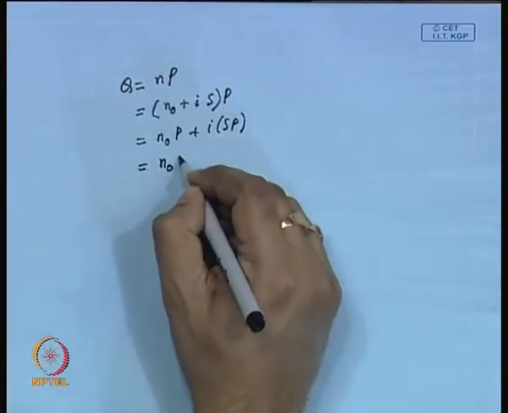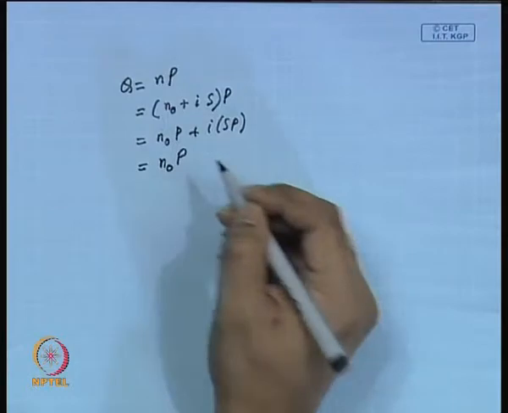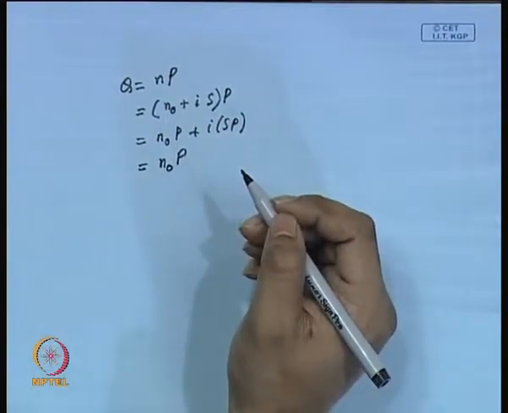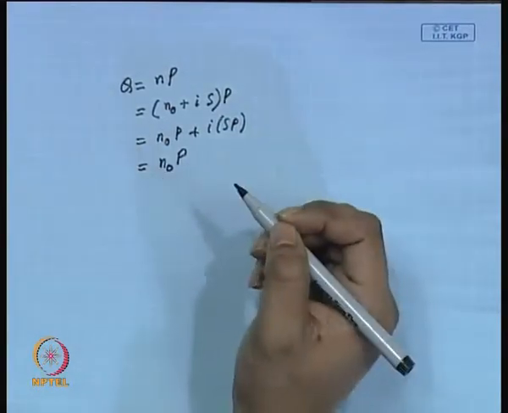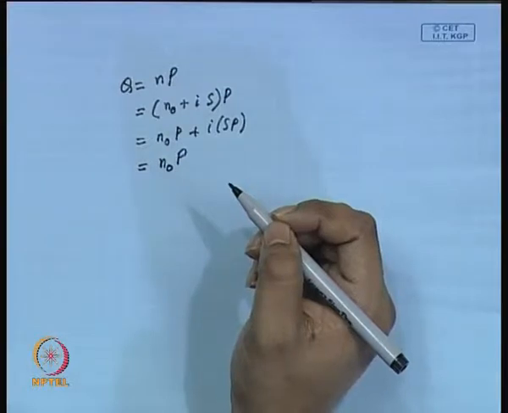So, what you get back is n0 P, and you know that Q equal to n0 P is satisfied. So, this actually holds.